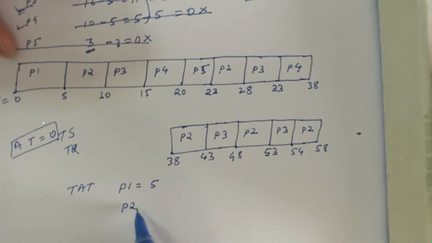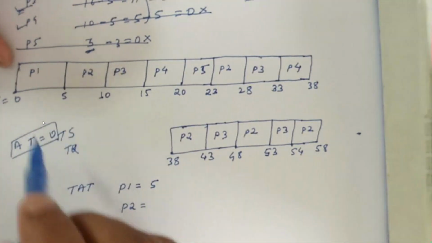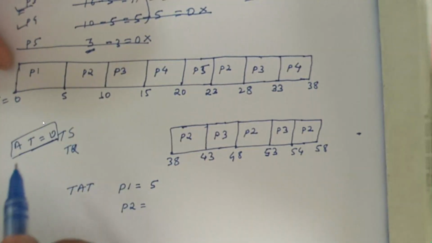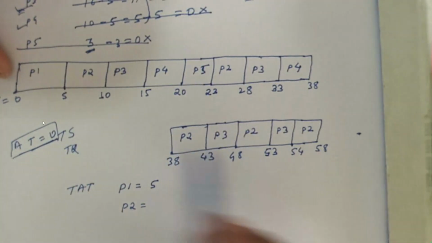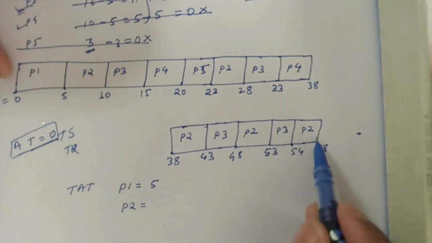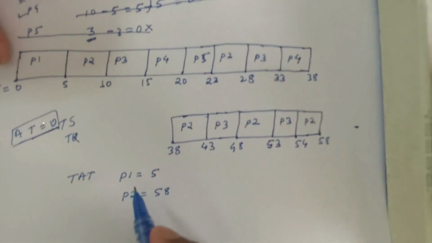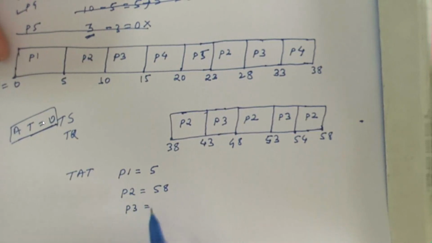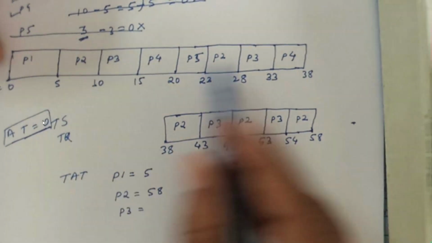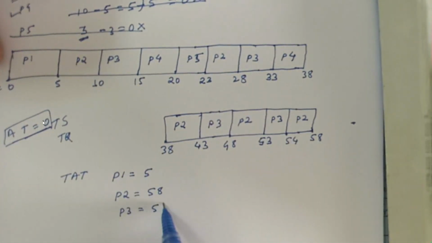Then for process P2, turnaround time, see here, submitted at t equal to 0 and completed, see, P2 is completed where? P2 completion here at 58. So this is nothing but turnaround time for process P2. Then for process P3, submitted at 0 and completed at 54. So 54.